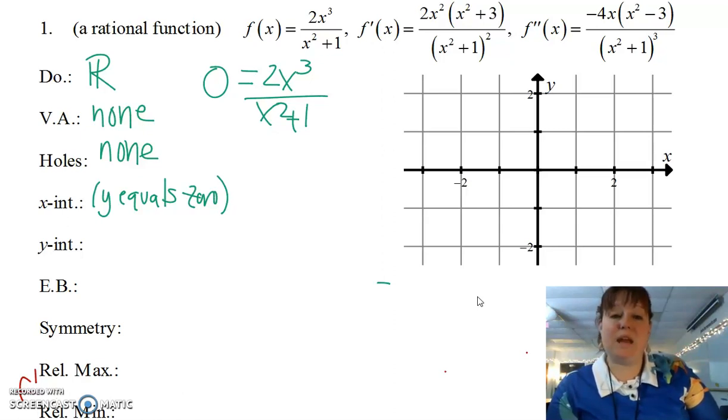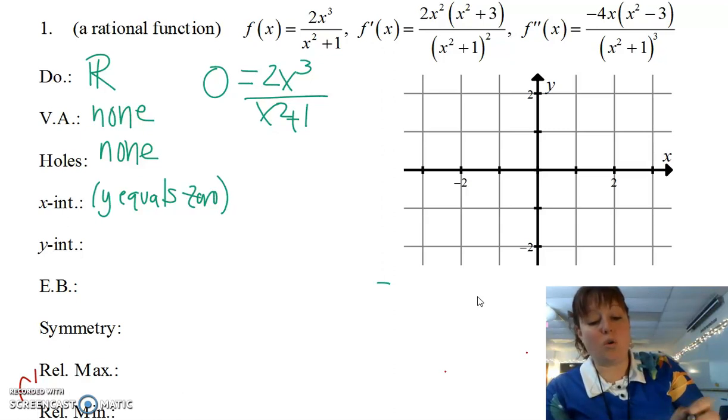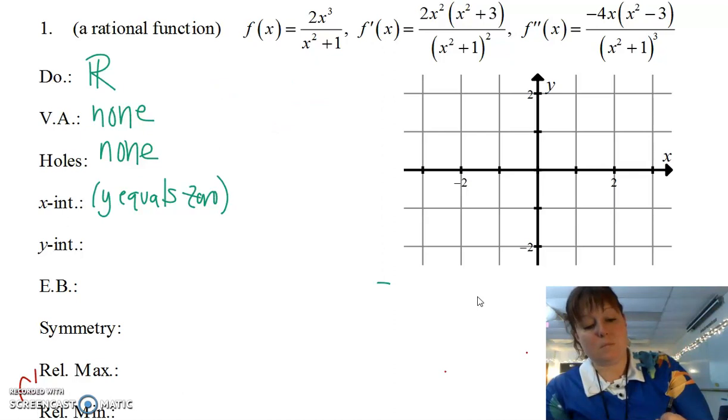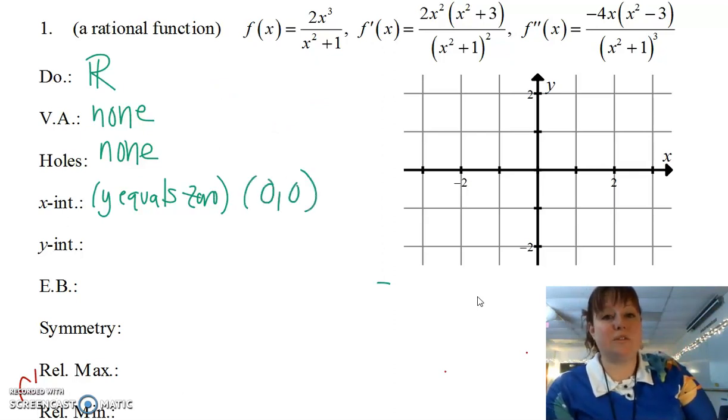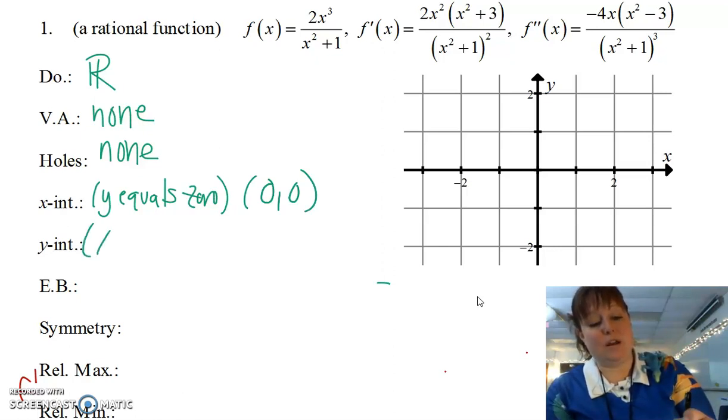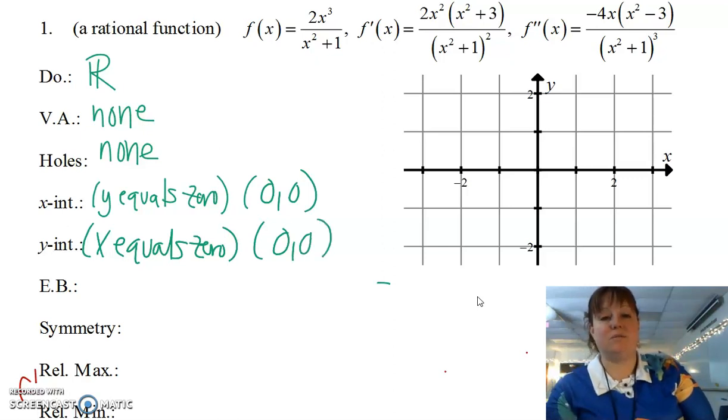Well, when x equals 0, our whole fraction is equal to 0. So for this one, our intercept is (0, 0), because y is equal to 0 when the numerator is equal to 0, the numerator is equal to 0 when x equals 0. Okay, so then our y-intercept, that's where x equals 0, and that's also (0, 0), because we can just plug 0 in for x, and it spits out 0.